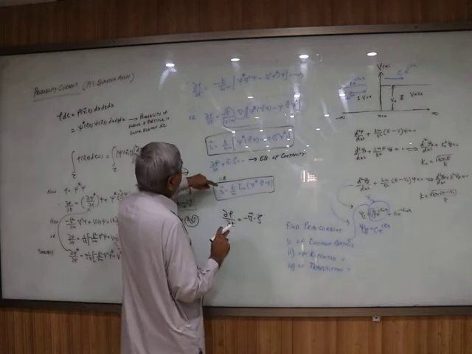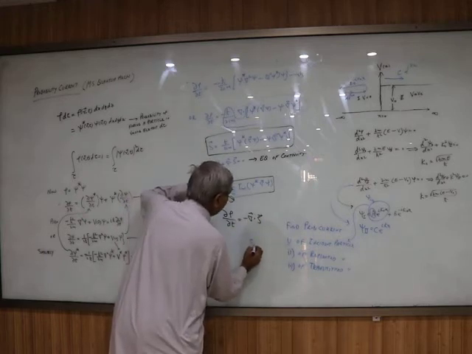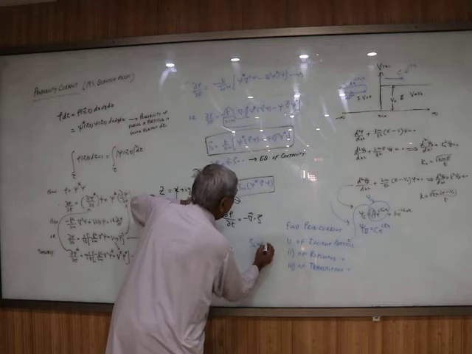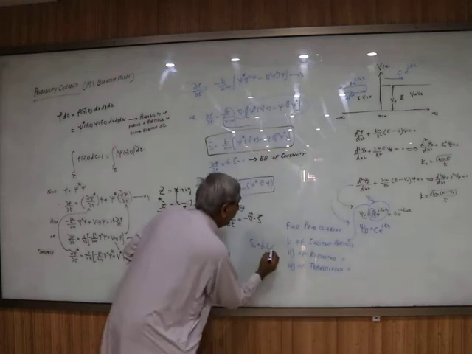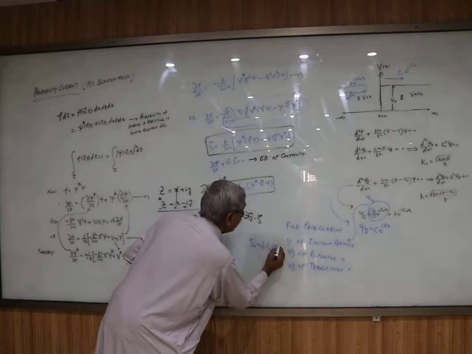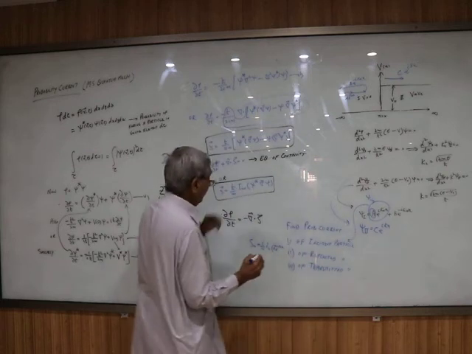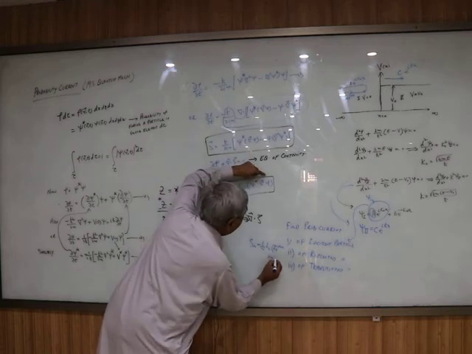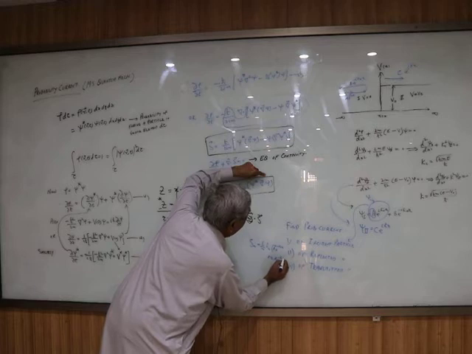For the incident, you will write S incident is equal to h bar over m, imaginary part of psi star, which will be A star e raised to minus i k naught x, times del of psi, that is A e raised to i k naught x.